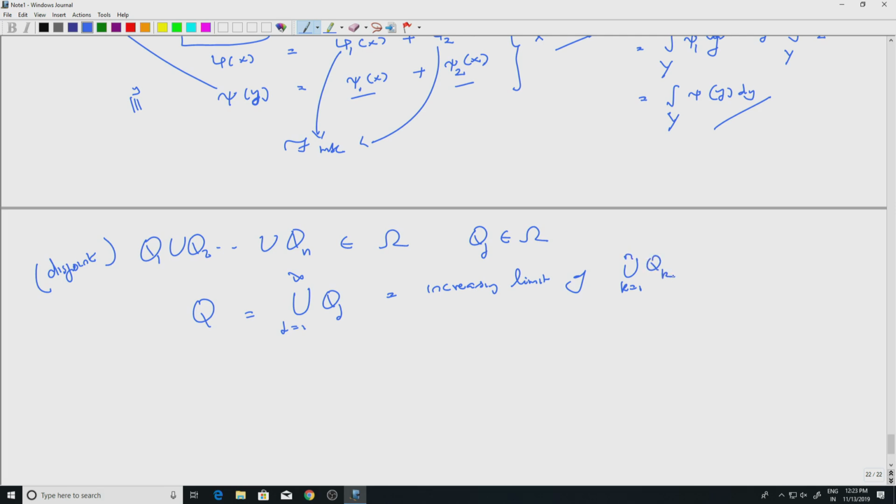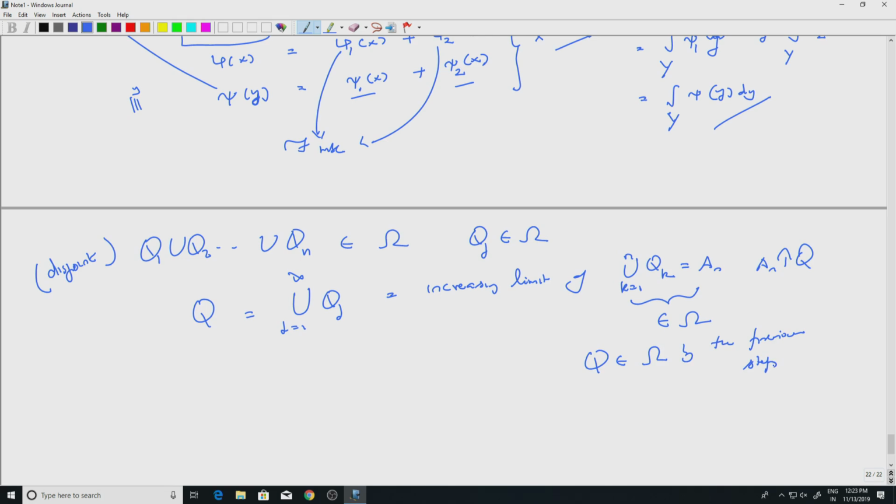You go up to n, then the next one is n plus 1 and you are adding that. So you are taking the union of that set. So that is an increasing limit, right. So you can call this An if you want. So then An increases to Q, but they are all in omega, and omega is closed under increasing limits by B. Okay. So Q will be in omega by the previous step, right.